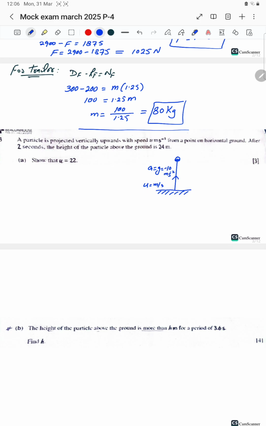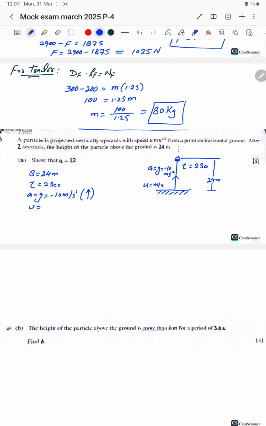Okay, and after 2 seconds, t is equal to 2, the height of the particle is 24 meter. It's going up, but after 2 seconds, suppose this height from the ground is 24 meter. So you are given s, that is 24 meter, time is given to be 2 seconds, and a is equal to g, that is minus 10 meter per second square because going up, that's why it is negative.